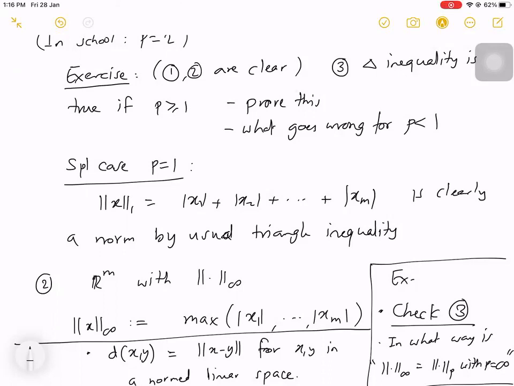You can even talk about a sequence of functions converging to other functions. You can think of a ball of functions: you take a function and consider all the functions within a certain radius of that function. All those notions make sense and we can do analysis with this. Okay, so with that, let's stop for today.